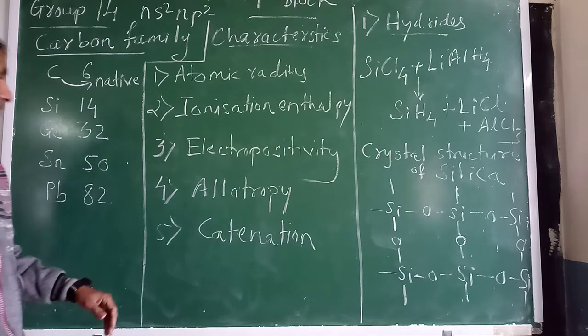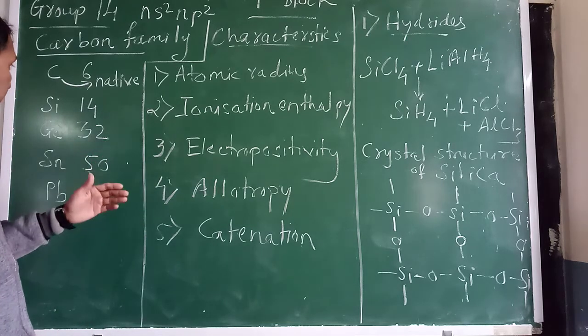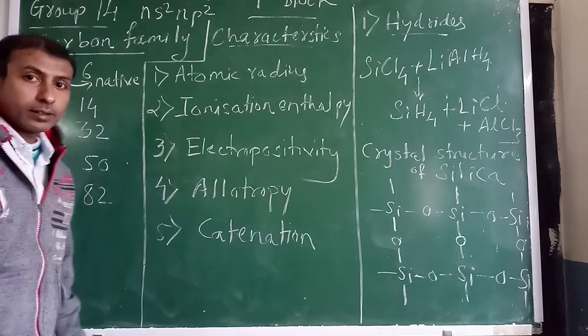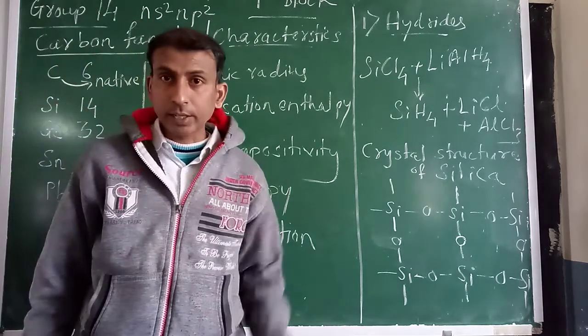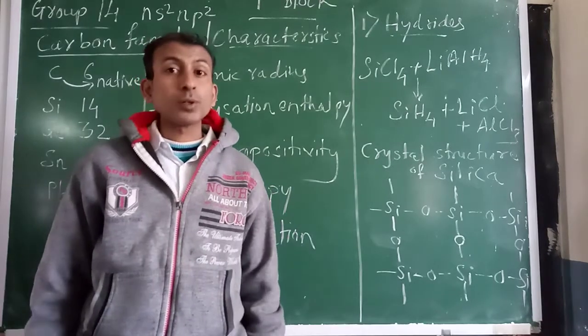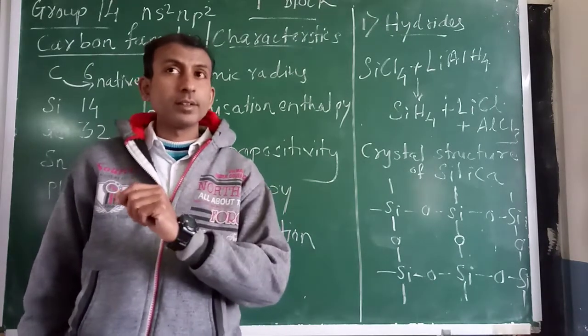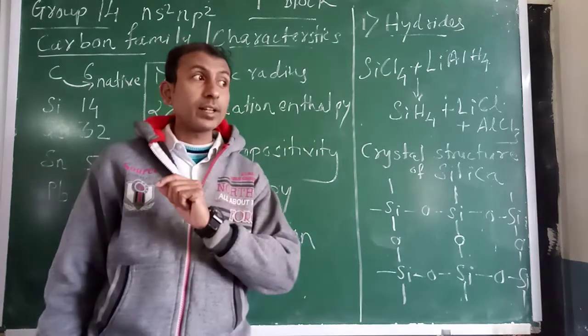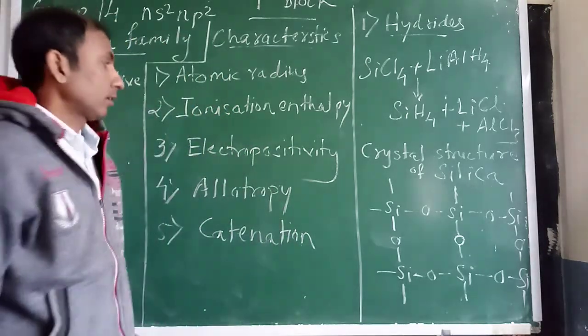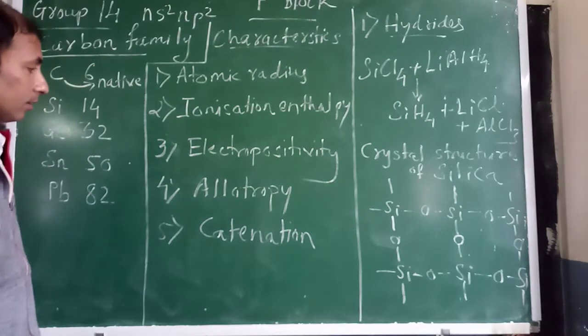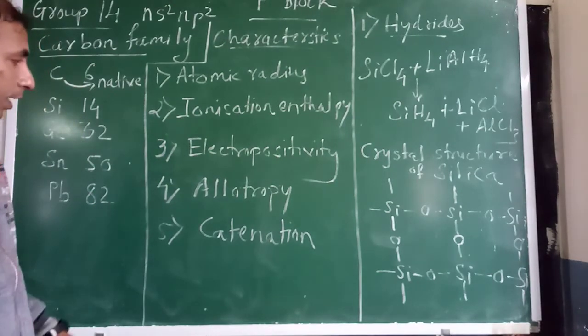The unique element carbon shows allotropic forms: diamond, graphite, and fullerene. These are the allotropes of carbon.